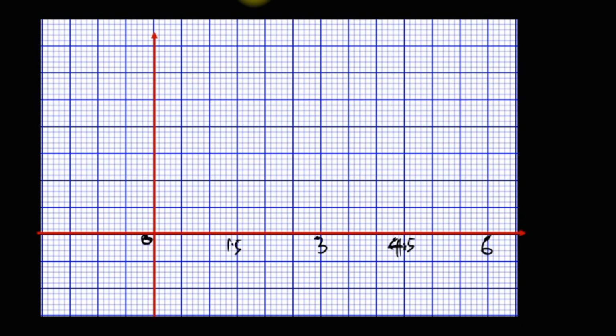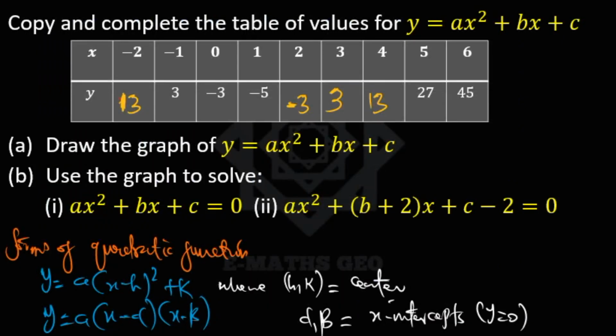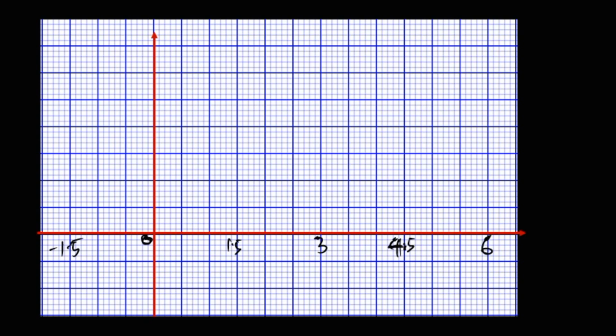This is 1.5, that's minus. For y, since the maximum is 45, I'll count 1, 2, 3, this is 20, 1, 2, 3, this is 40. So this is minus 20 down here.